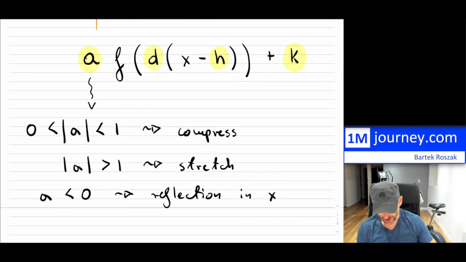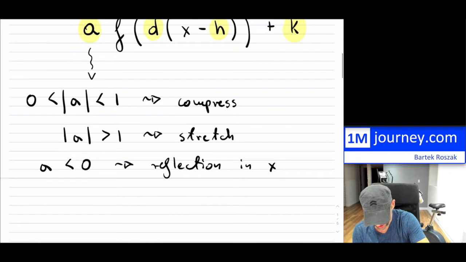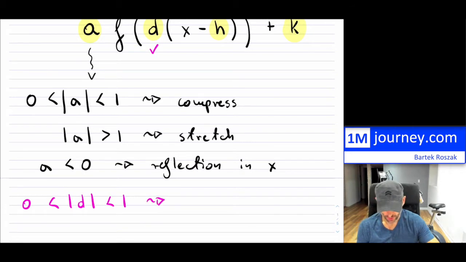Now, for our d, I can do exactly the same thing, except my a is working on the y, so it does compressions and stretching in the y.